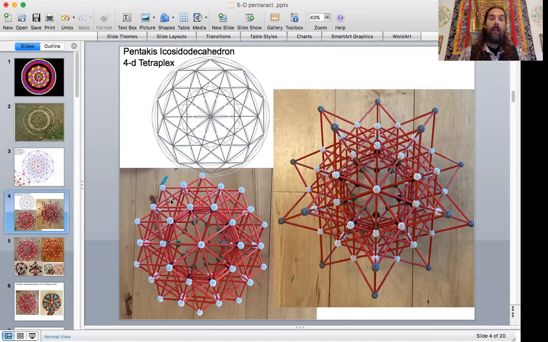And the underlying vertices of these forms that we're looking at in the 2-dimensional images of the 4D shapes, or even the 3D shapes, relate to these vertices. Now, this is the inner structure before I stellated this all out with the golden rhombuses. This was what it looked like before, and that would relate to the 4D tetraplex, the Pentachus icosahedron.